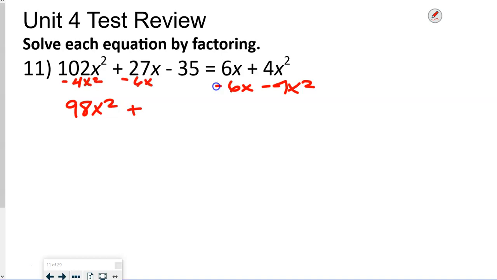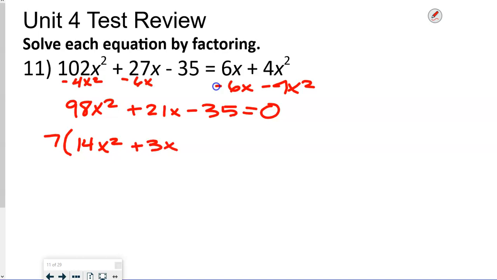So that's going to give us plus 21x minus 35 equals 0. I suspect that 7 is the GCF here, y'all, because I know 7 goes into 21 and negative 35. So I'm going to go ahead and divide 98 by 7 as well and see if that works. And it does. When I multiply 7 times 14, I get 98.